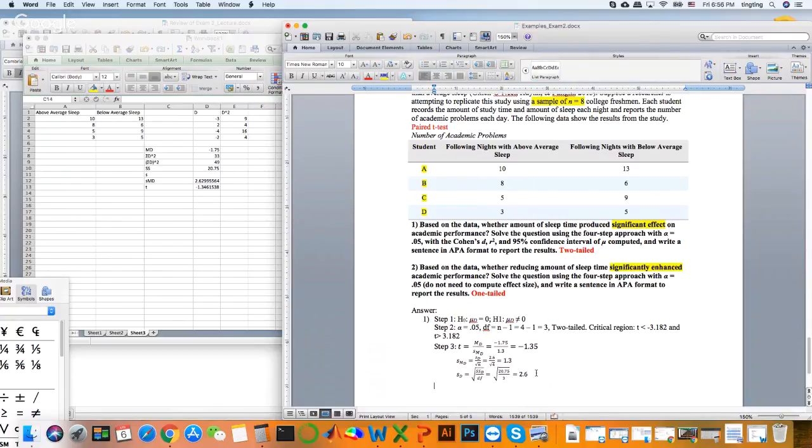And then next step, we have the t value already. And then let's start step 4.